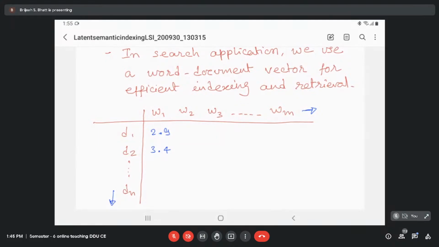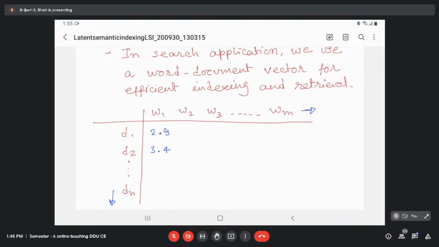So again, a huge matrix of documents and words. When you imagine this matrix at web scale, you will realize how complicated it can be. How many documents are there on the internet? Of course, millions of documents. It is like counting the number of stars in the sky.